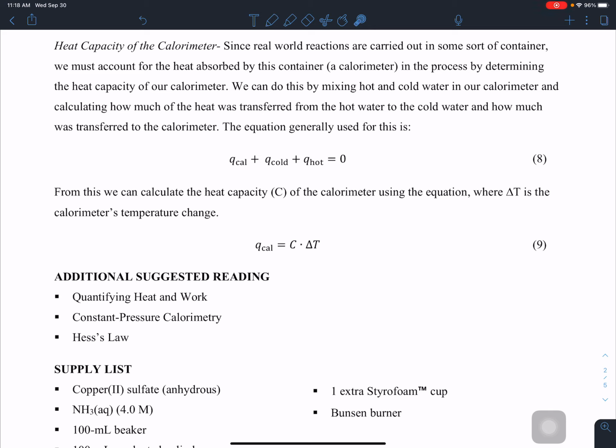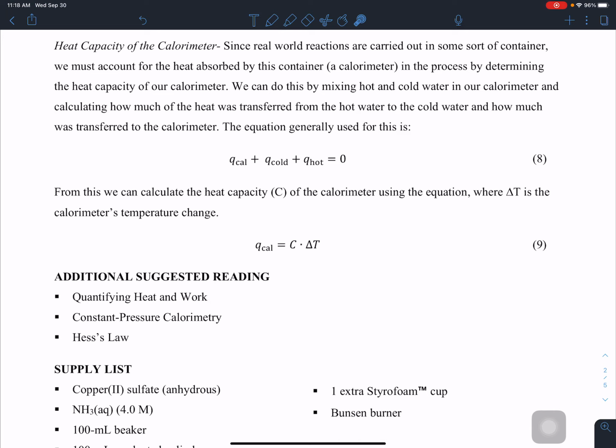We're going to mix hot water and cold water in the calorimeter. And we're going to see how much of the hot water energy loss got transferred to the cold water and how much seemed to go away, disappear. That's what's going to the calorimeter.